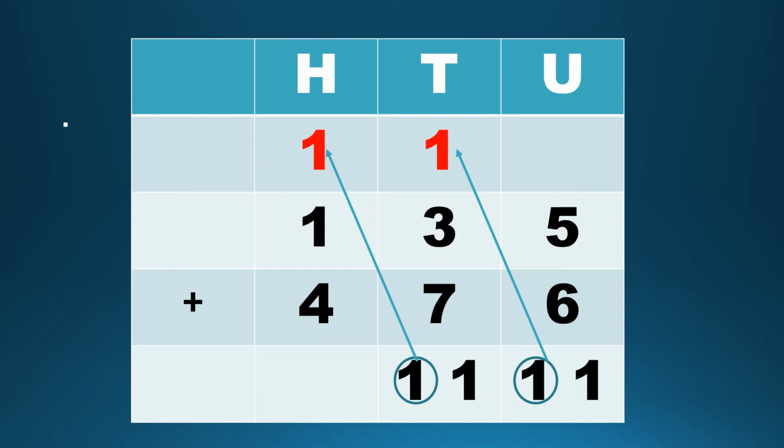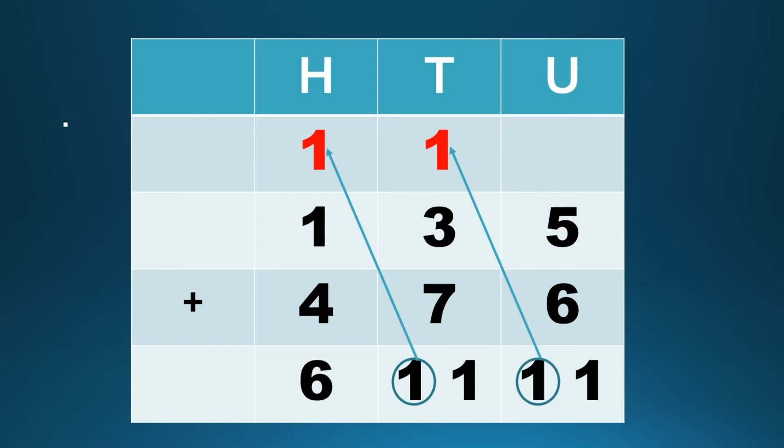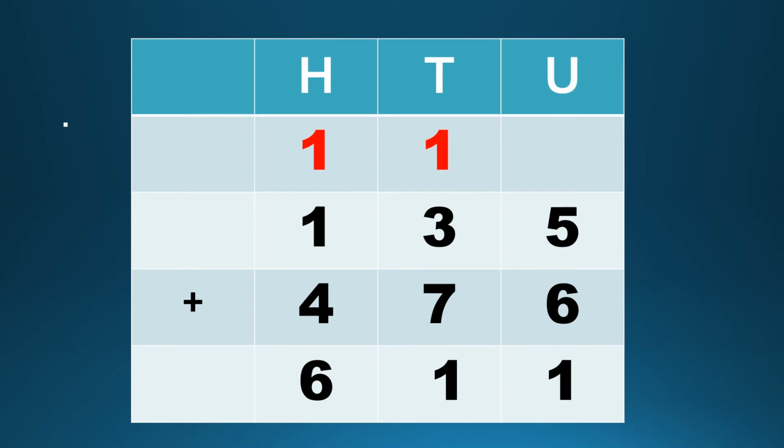So we carry over the 100 to the hundreds place. So 1 plus 4 is 5 plus 1, which is the carryover. The answer is 6. So 135 plus 476 is 611.